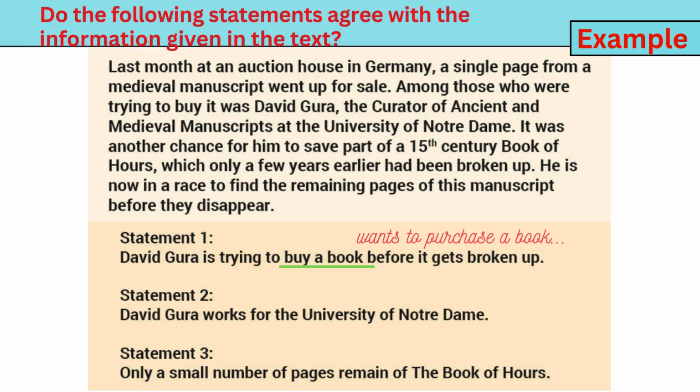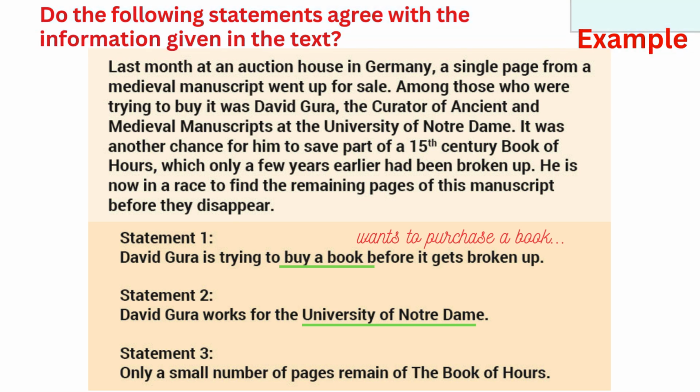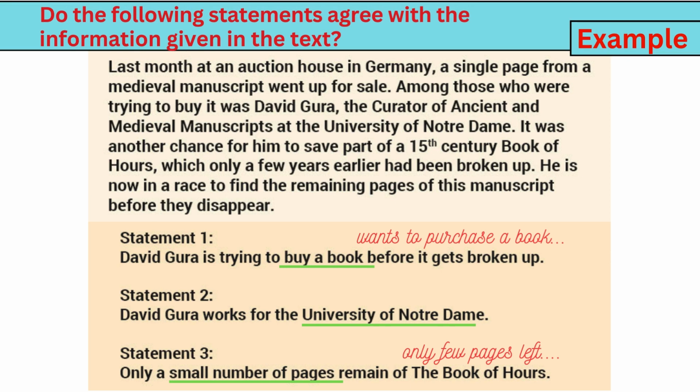Okay, the second statement: David Gora works for the University of Notre Dame. It's a French university. I don't need to understand the meaning of anything else, so I'll just get the idea that he's working at the university. It's really straightforward that he's working, okay. And the third statement is: only a small number of pages remain of the book.